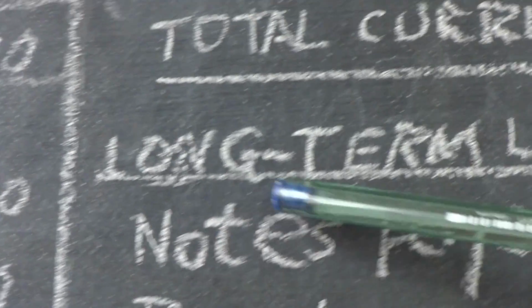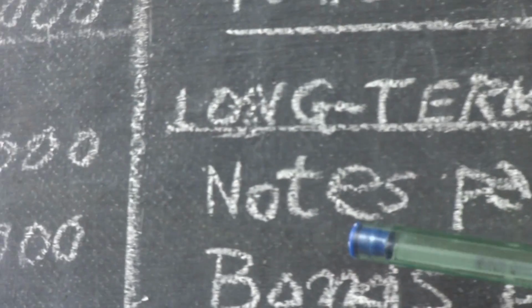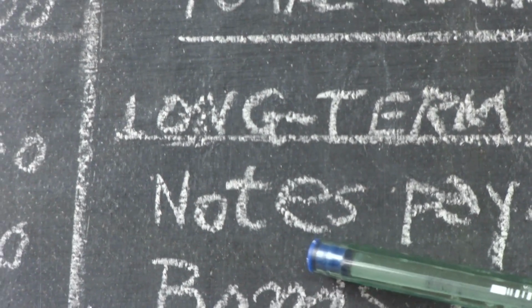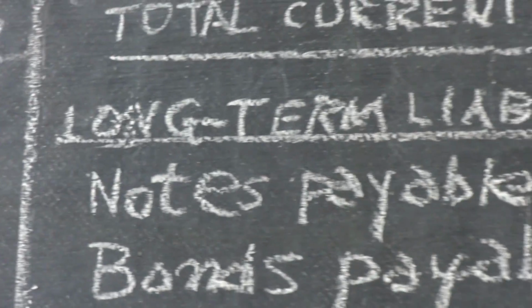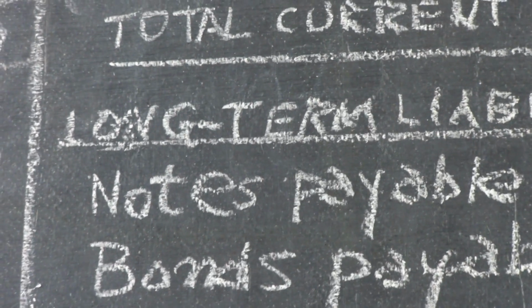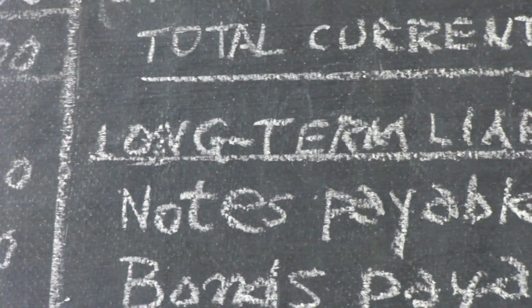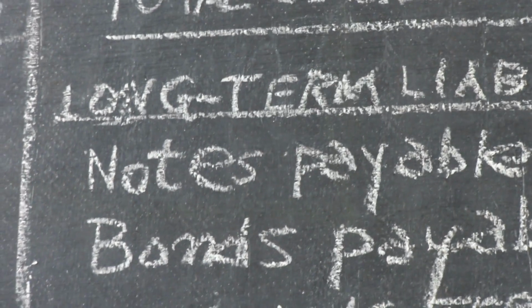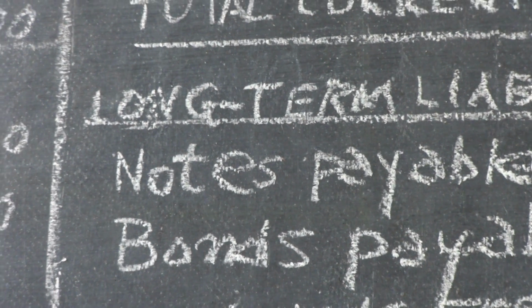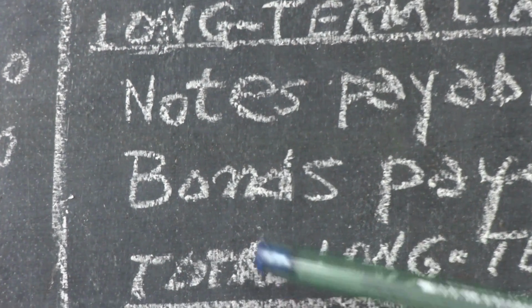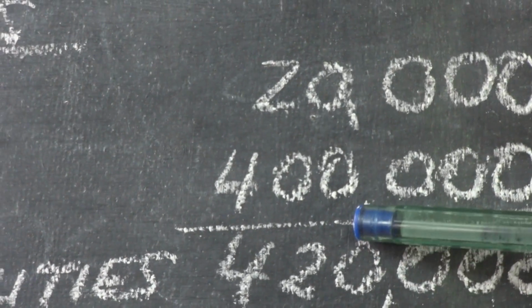Then we have long-term liabilities. Within long-term liabilities, we have notes payable by $20,000. The notes payable are the commercial documents that Bright Corporation has signed to the banks, which have given it the loans. Then we have bonds payable for $400,000.